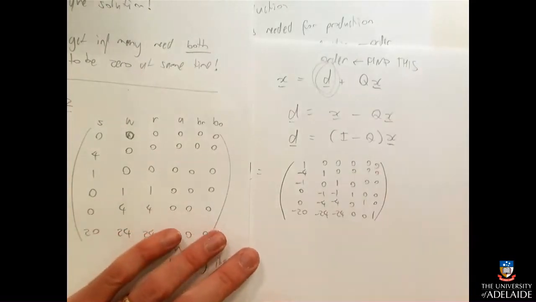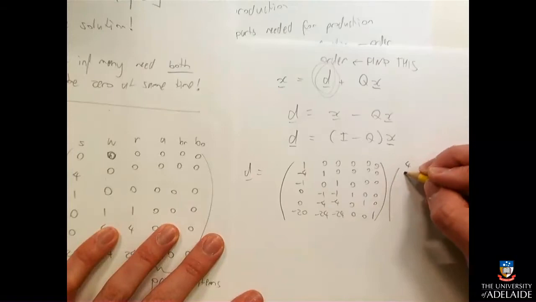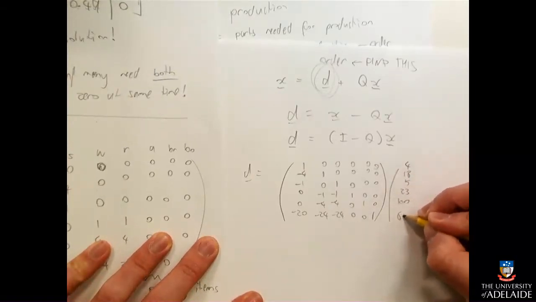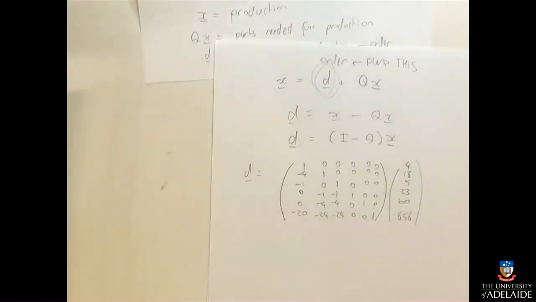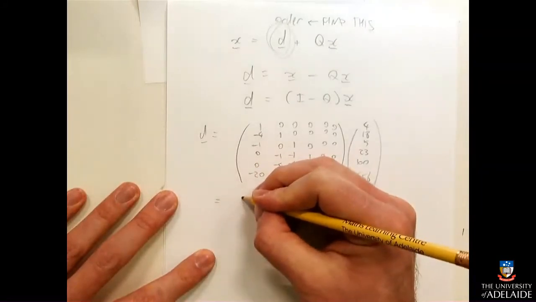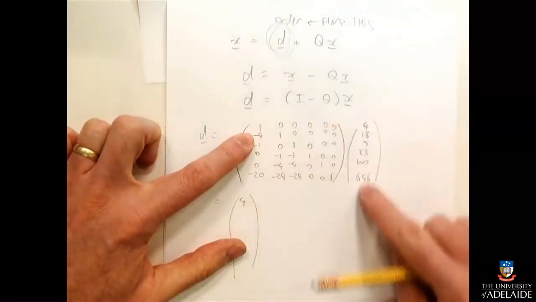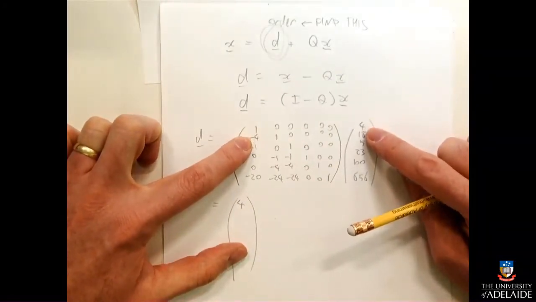I'm feeling like I'm on the right track now. And then the x was 4, 18, 5, 23, 100, and 656. We're going to try and make sense of this at the end, and hopefully it will make sense by then. So when I multiply this out, this times that would just be the 4, because it's mostly zeros.